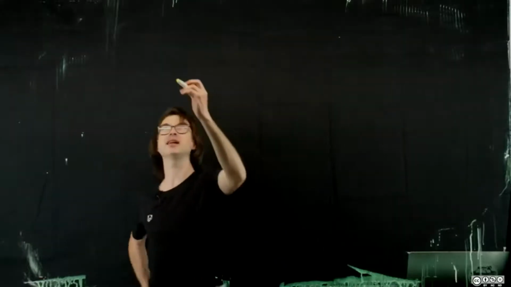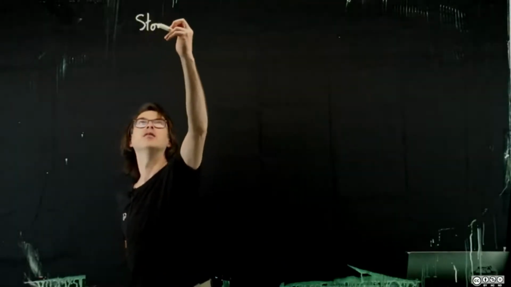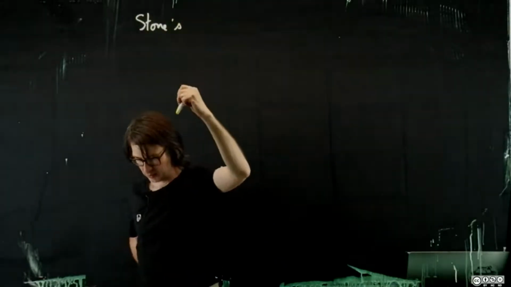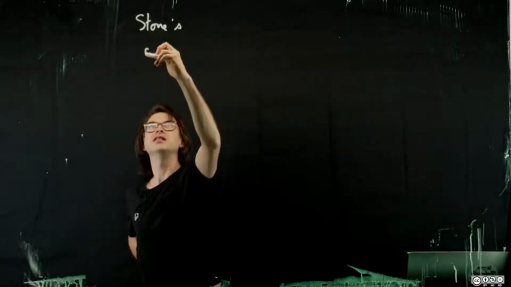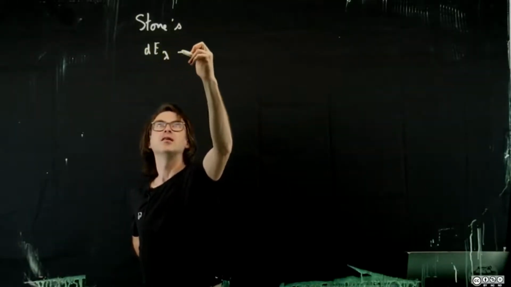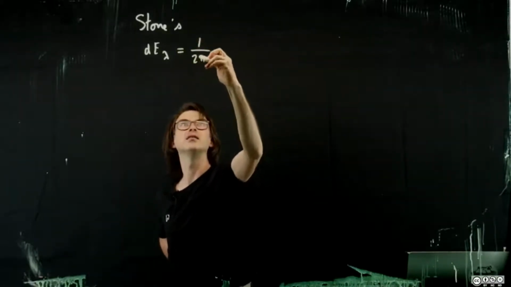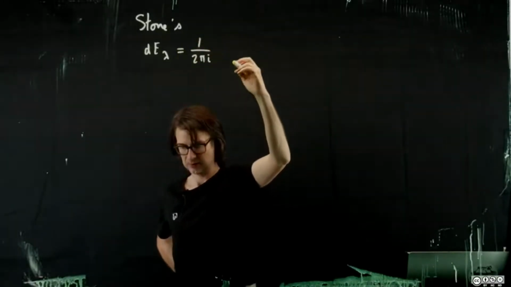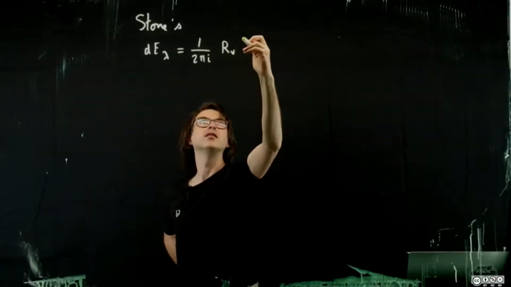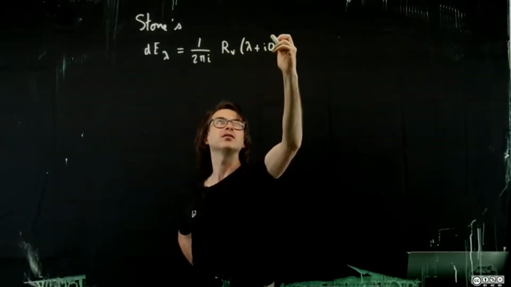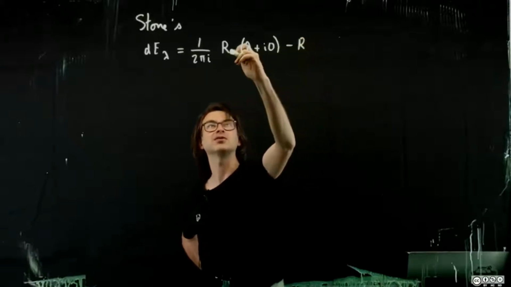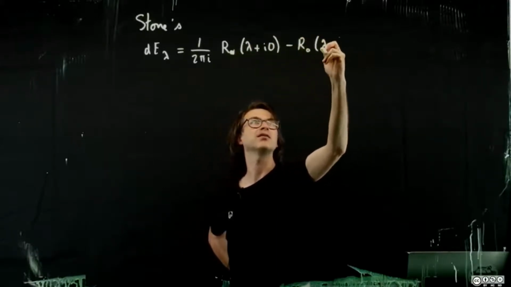Okay, so now we can apply Stone's formula, which gives dE lambda is 1 over 2 pi I times R0 of lambda plus I naught minus R0 of lambda minus I naught.